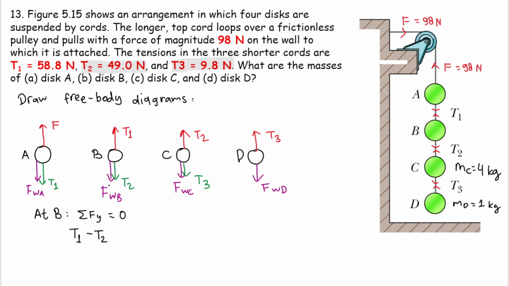It is also pulling down by the weight of B, so I'll have F weight of B, and all of that will equal 0. T1 is this value here, 48.8, and then T2 is 49. The weight of B is the mass of B multiplied by G, and G is 9.8.